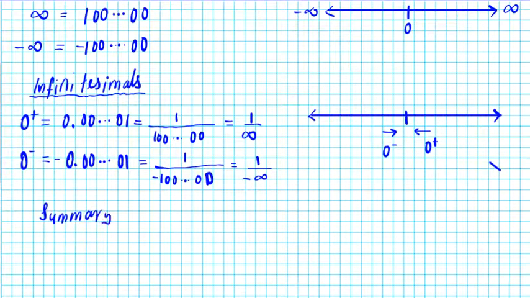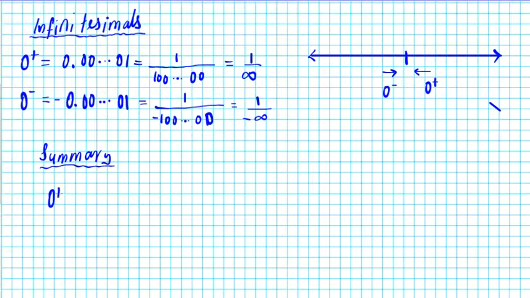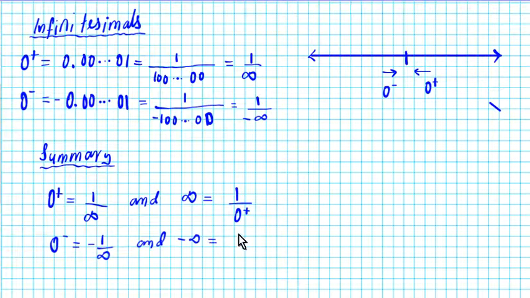So, summary. 0 from the right is the same thing as 1 over infinity, and infinity is the same thing as 1 over 0 from the right. 0 from the left is equal to negative 1 over infinity, and negative infinity is the same thing as 1 over 0 from the left. Okay, so that's that.